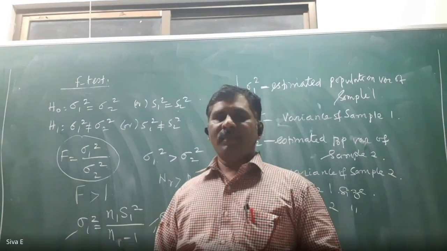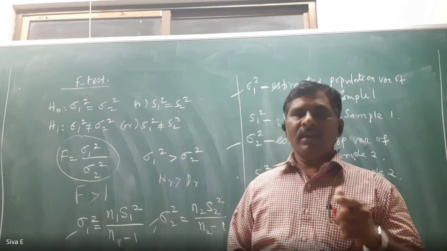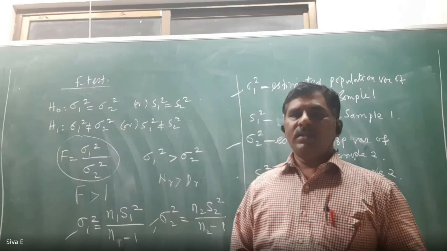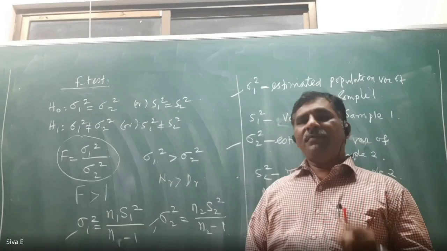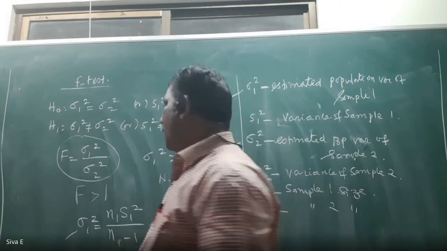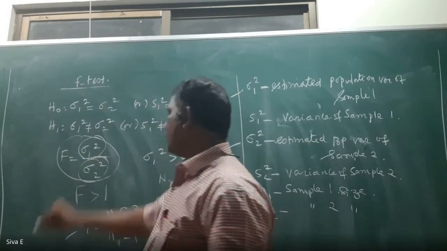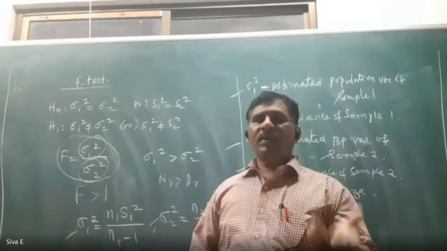But in this problem, don't fix in the starting itself which one is sample 1 and sample 2. After finding sigma 1 square and sigma 2 square, then you fix sample 1 and sample 2.